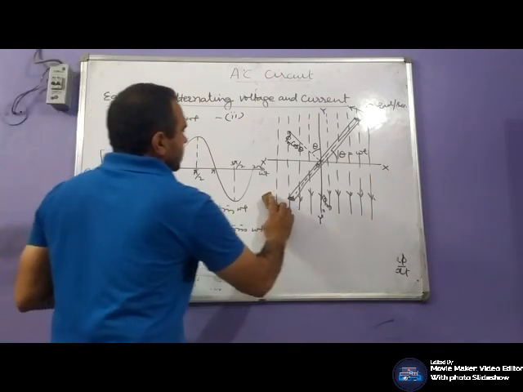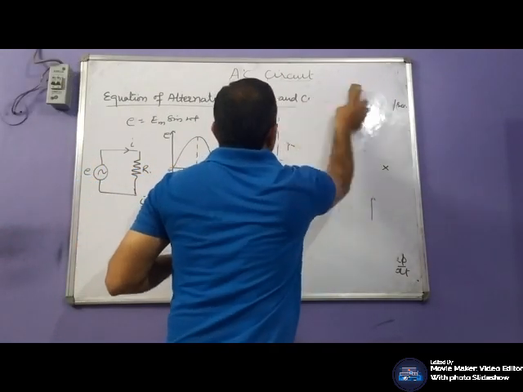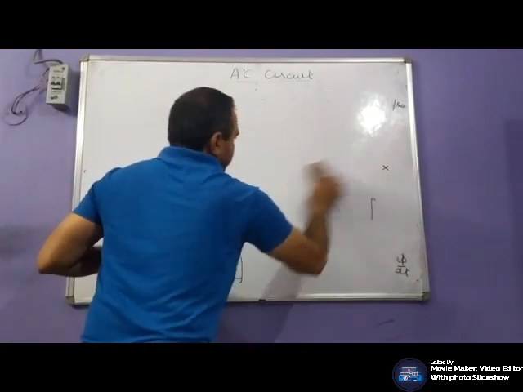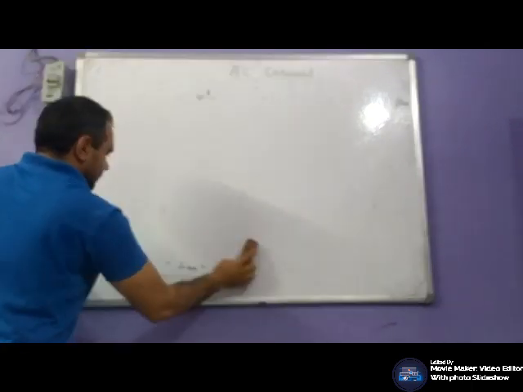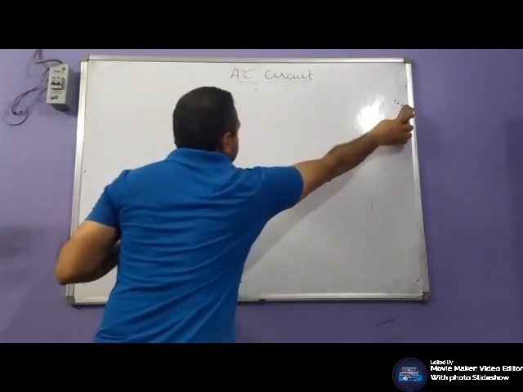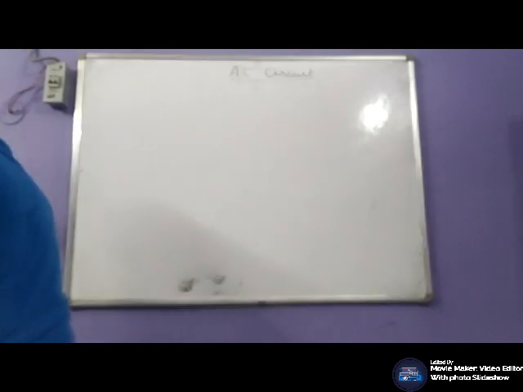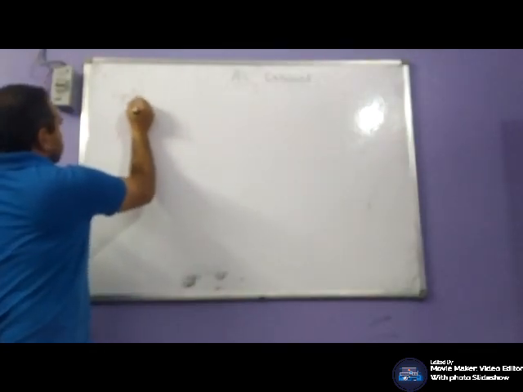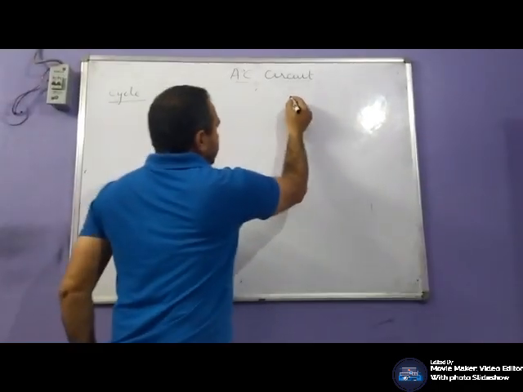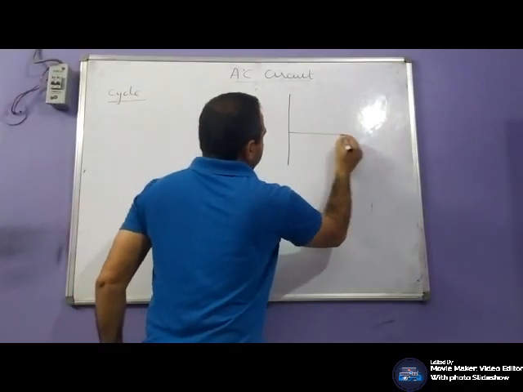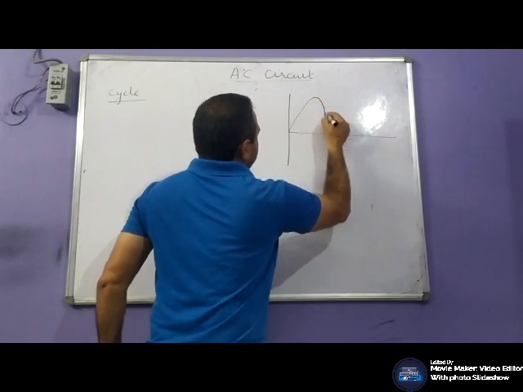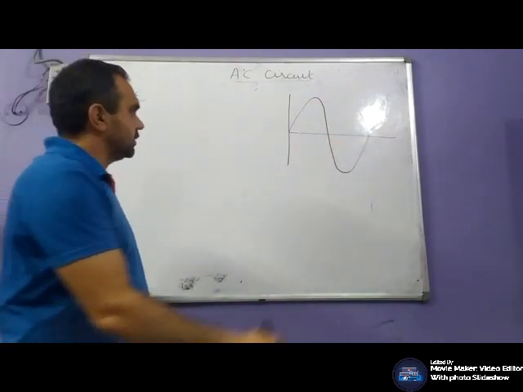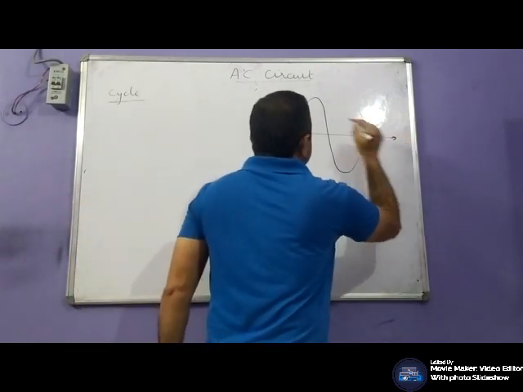Now we have a few terms which are used in this chapter of AC circuits. First one is cycle. Cycle is one complete set of positive and negative values of an alternating quantity.